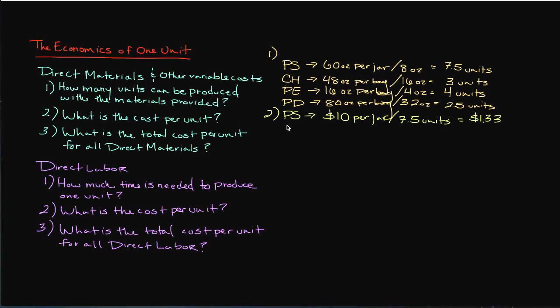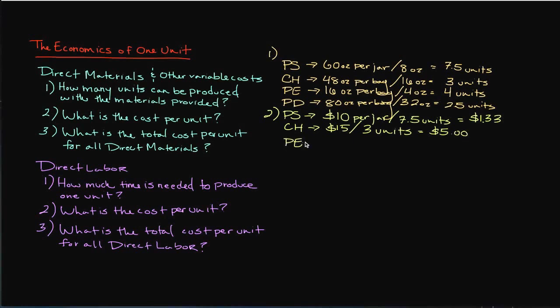So we're going to do the same thing with the cheese of the pizza. Cheese we can purchase for $15 per bag, and we can generate 3 units, which means we're going to be paying $5 per unit.